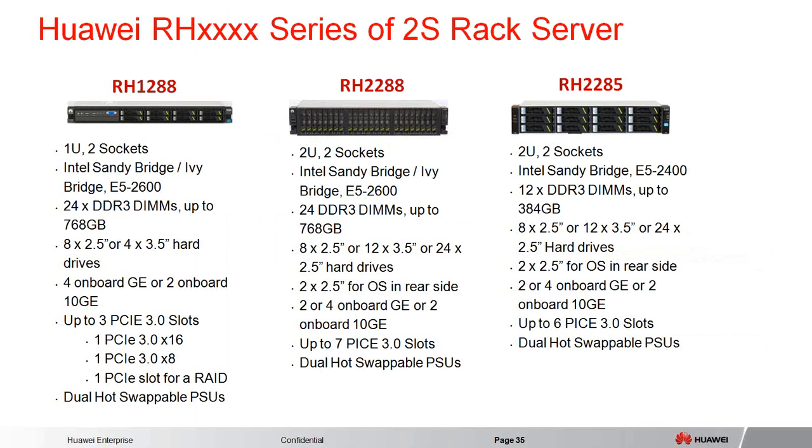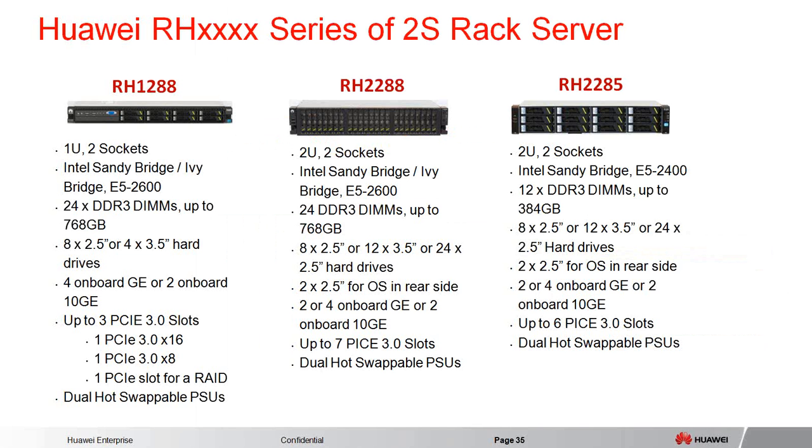And the difference, of course, is the cache. As you see, one offers you 768 gigabytes, the other one offers you 384. Of course, one of our key advantages is we offer not only 3.5-inch drives, we also offer 2.5-inch drives. Some vendors only offer 3.5-inch drives.